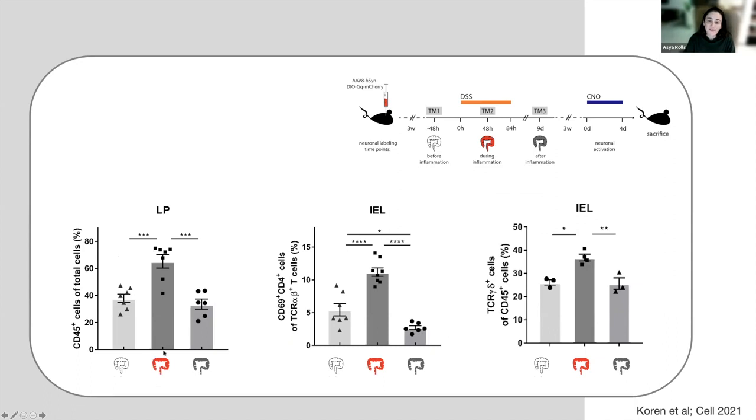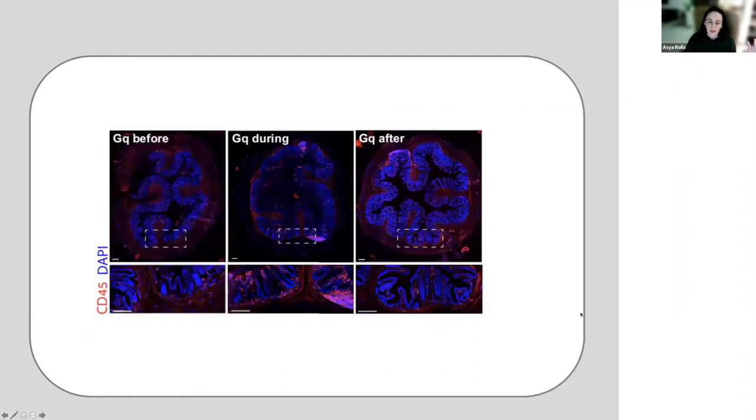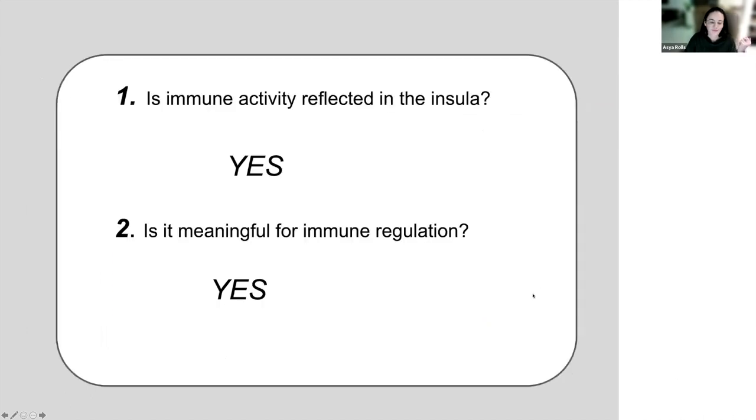And what you can see here is that only the group in which we reactivated the neurons active in the peak of the inflammation actually could recapitulate the inflammatory response. And you can see it here again in the staining. You can see that there are more immune cells only in that group. Okay, so it seems that it's meaningful.